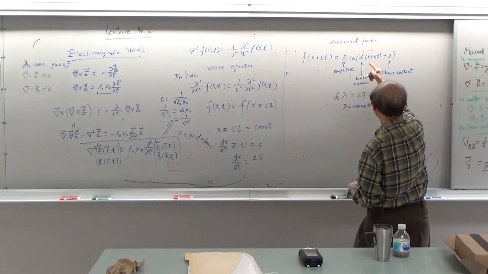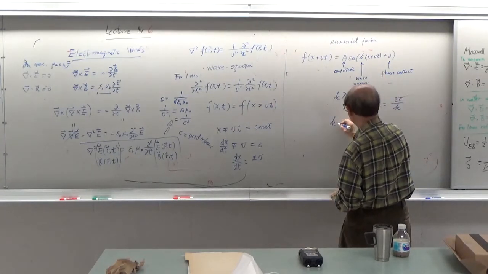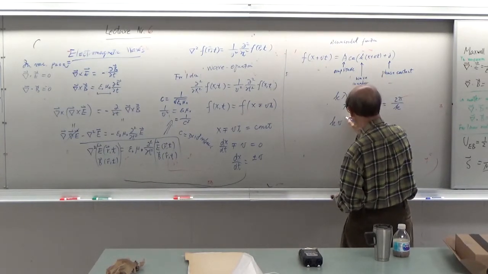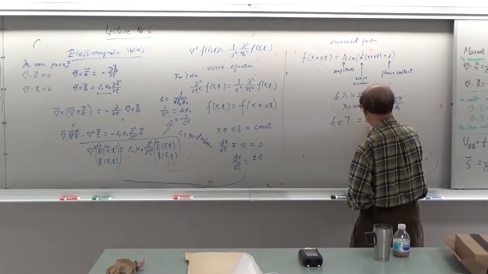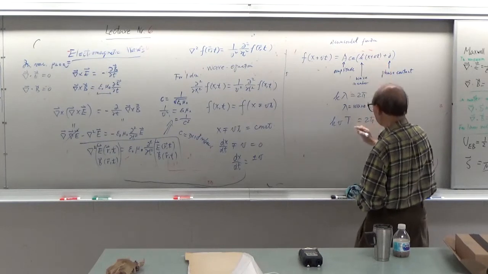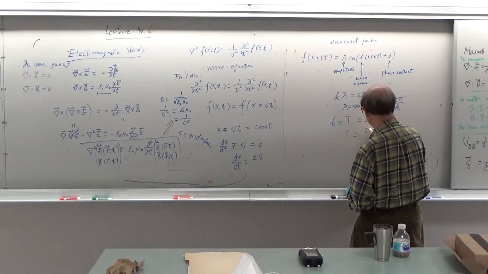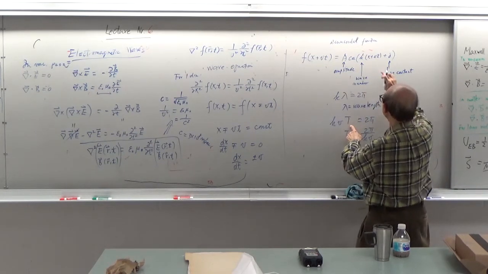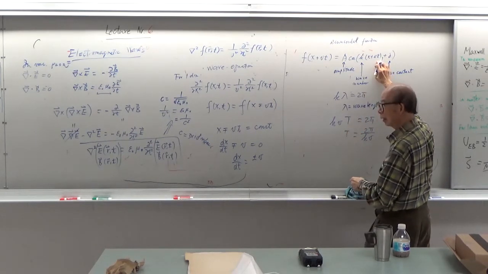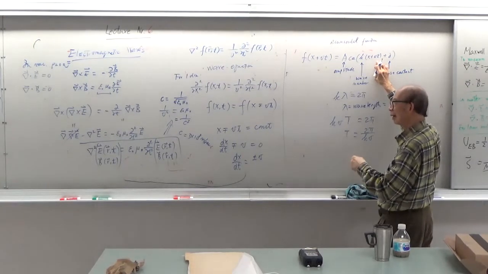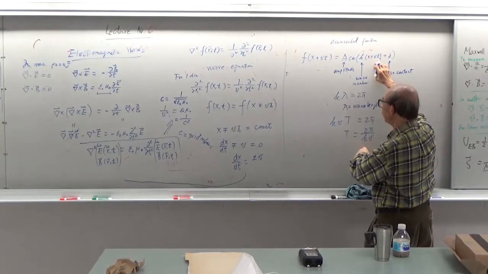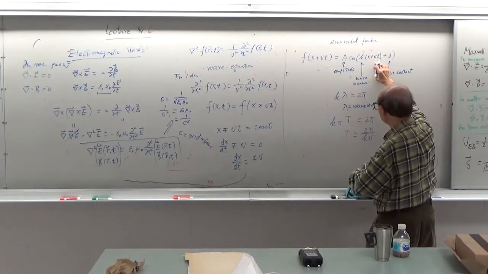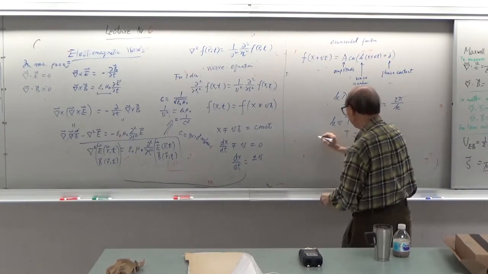So let's say that kv times a certain amount of time is equal to 2 pi, and t in that case is equal to 2 pi divided by kv. The amount of time that the wave phase changes by 2 pi, going through one complete cycle up and down, is known as the period of oscillation.